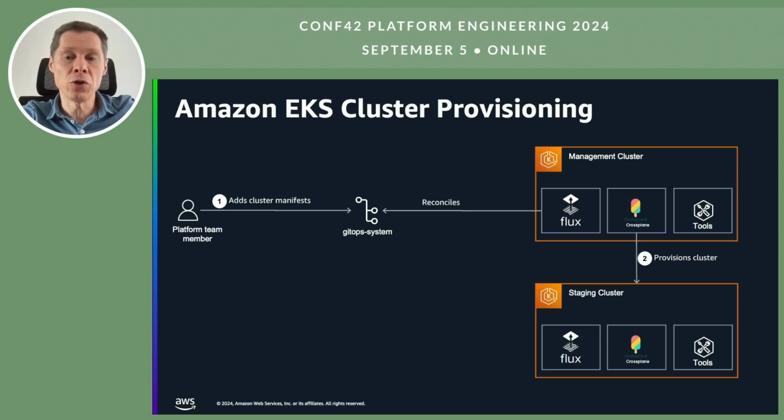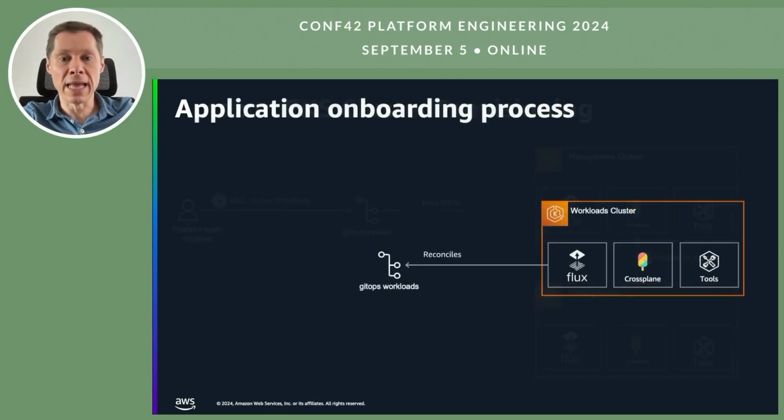Yes, you can even provision the cluster itself with the help of compositions. Once a platform team adds a cluster composition manifest to the repository, the GitOps tooling reconciles the composition request, which in turn triggers the creation of a cluster with all the needed tooling deployed to that cluster. You have that cluster with all the necessary components which allow you to do the next step.